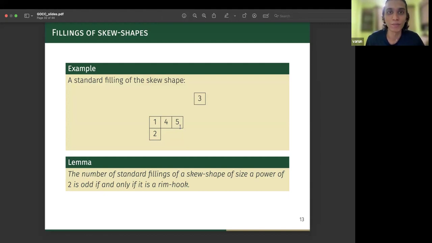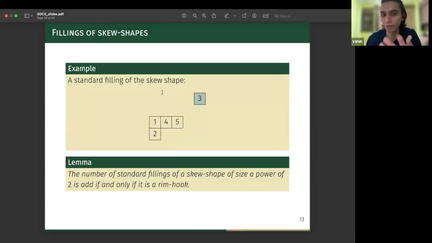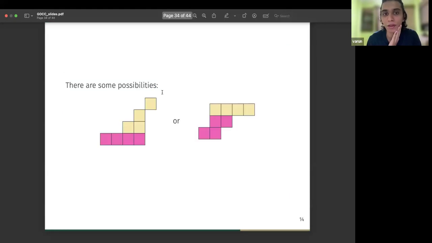Let me give you a sketch of the argument for why this is true. Okay. So there are some possibilities when we have a skew shape whose size is a power of 2.